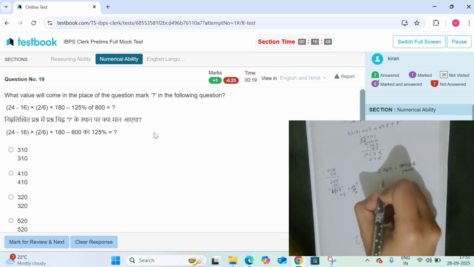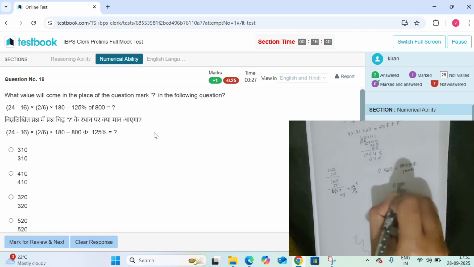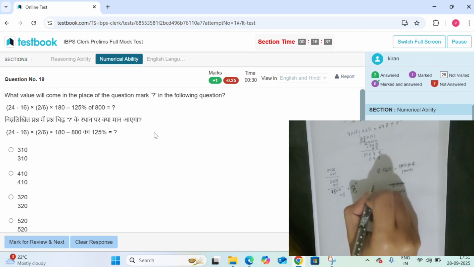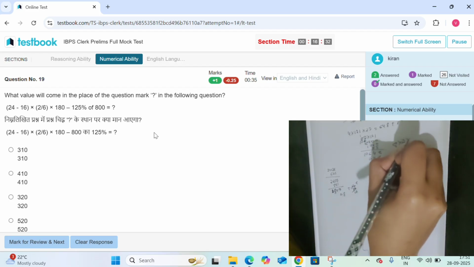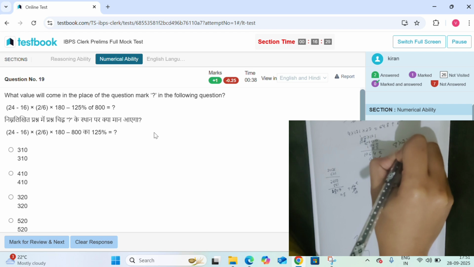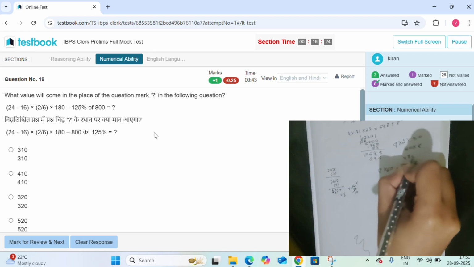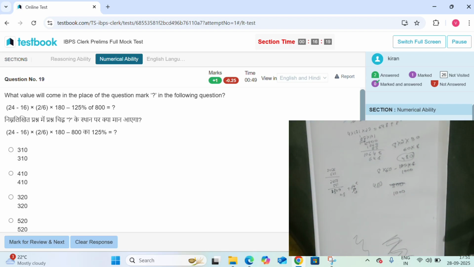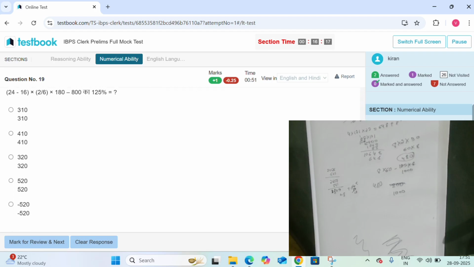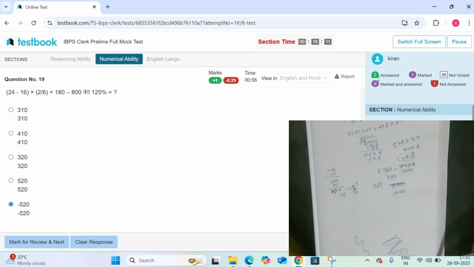Okay, 800 and 200,000, correct. And this would be 4 into 8 into 2 into 3, right? 30 and 60 into 8, correct, 480. 480 minus 100, that means 520 is the answer.